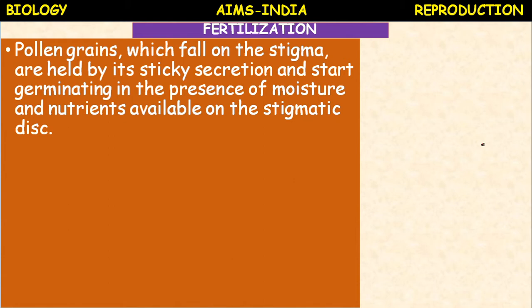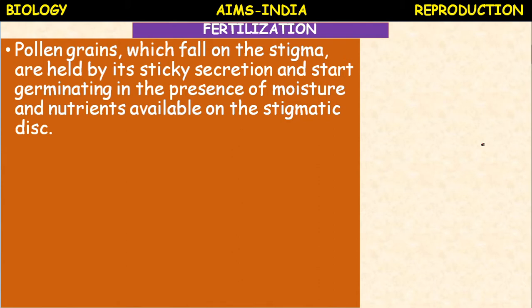There are different types of pollination which you have studied. Anemophily means pollination by wind. Hydrophily is pollination by water. Then entomophily, the most important method of pollination in most of the higher plants, is pollination by insects.